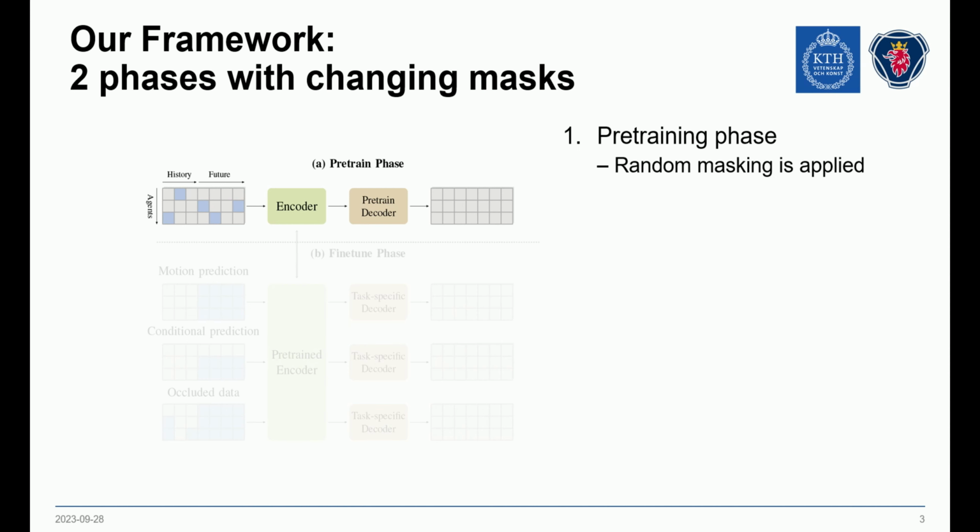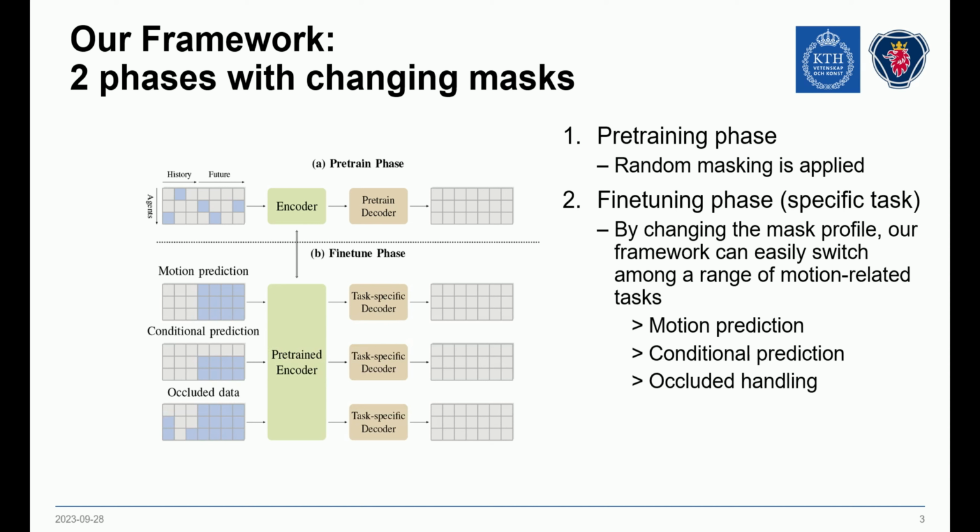In the first pre-train phase, all agents' information, including the history and future time, are concatenated together. Next, a random mask is applied. Then, given incomplete information about agents' positions with time in gray, where some positions are randomly masked in blue, the network trains to fill in the blue missing positions.